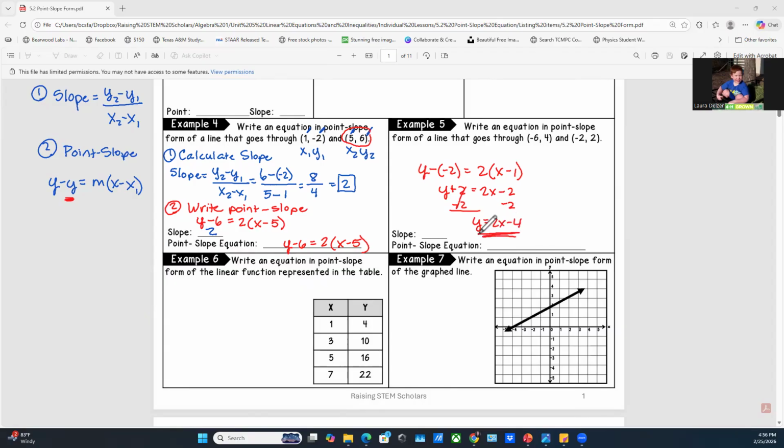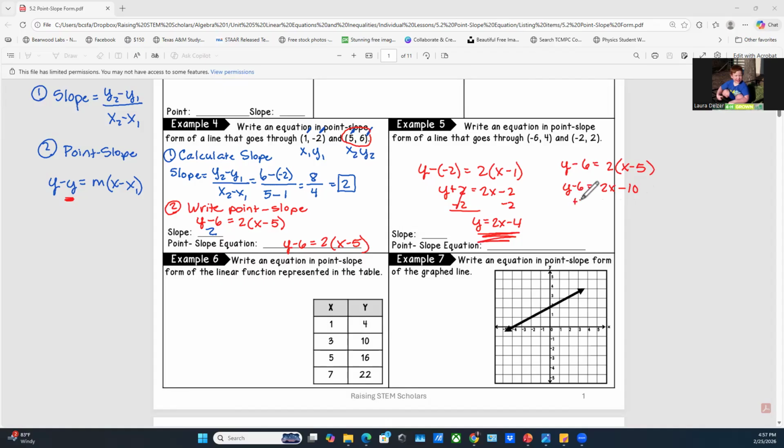Okay, so this is the y-intercept form. I'm going to convert this one into y-intercept. This is not part of the problem. I'm just proving to you that you can use either point, okay? So all this work here that I'm doing is just extra work to show you can use either point. Okay, so I distributed this here, the 2 in parentheses x minus 5.